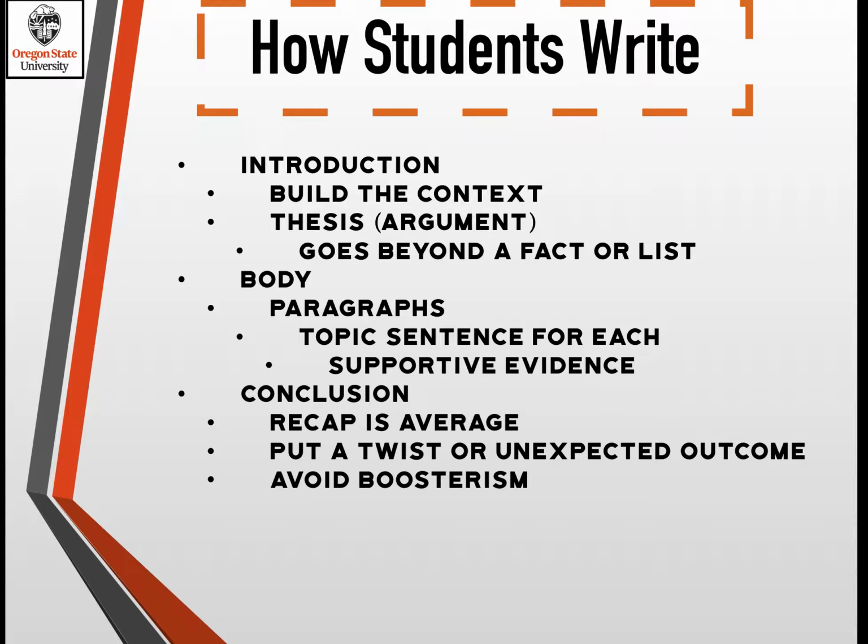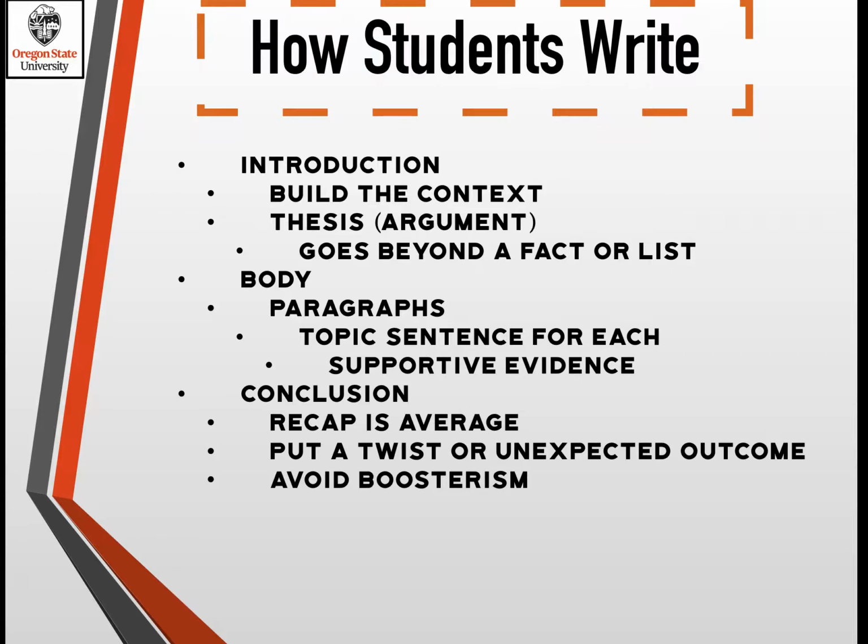Now, the way that we teach students to write is pretty much the same as the format that you were taught in fifth grade. Any long, significant piece of writing needs to have an introduction. In that introduction, you're going to build the context of what you're writing about. You're going to have a topic, right? An area of content. And in that, you are going to have a thesis, which is your argument.